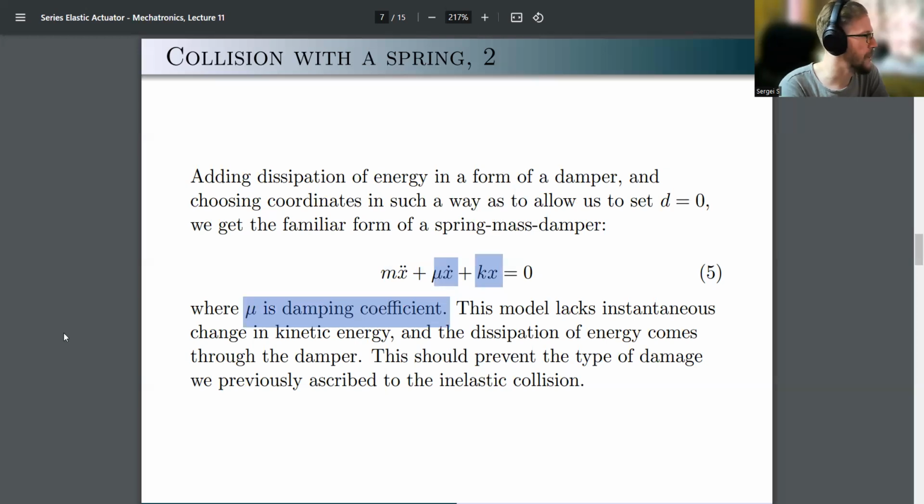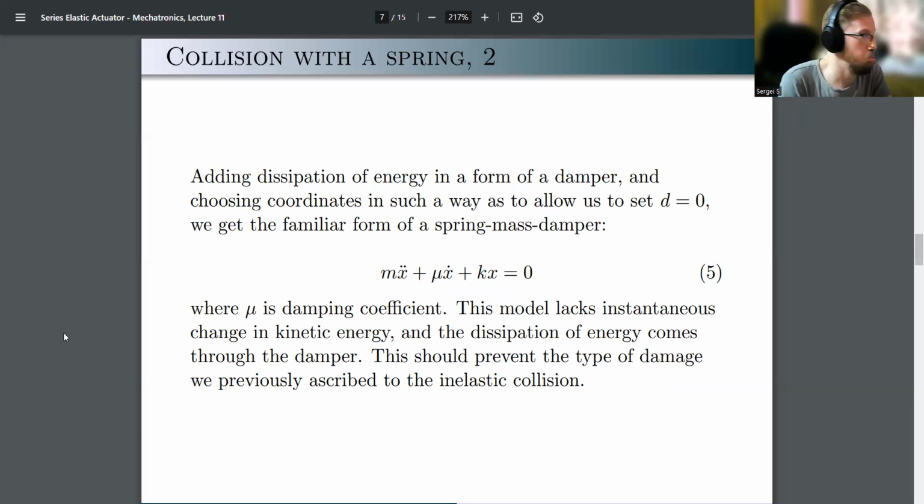Okay. And this model is an inelastic collision. Essentially, as the body approaches the wall, it will be slowed down. Energy will be converted into potential energy of a spring. Then it will be converted back.